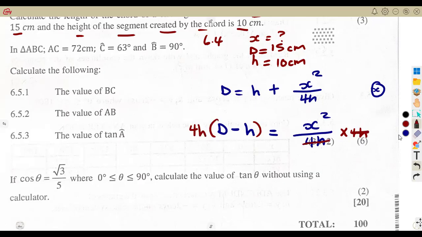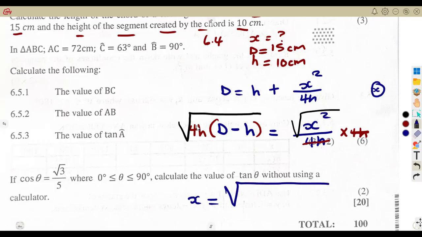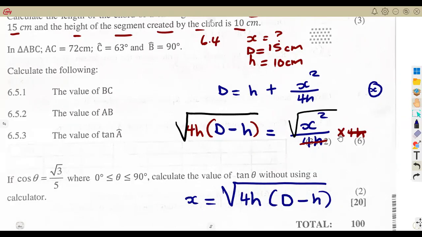So this will cancel. So to find x, definitely you're going to introduce the square root, both sides. So therefore, our x was going to be written as the square root of 4h into d minus h. They can even ask a question where they ask you to, like this, make x the subject. Here, they did not ask it like that way, but you can do that, or you can just substitute the way that I was explaining, that you can just substitute as numbers.